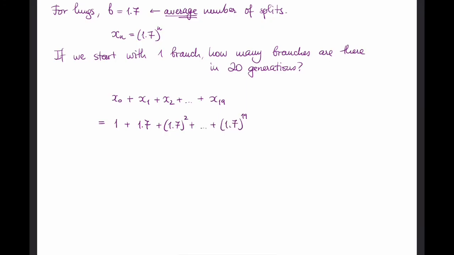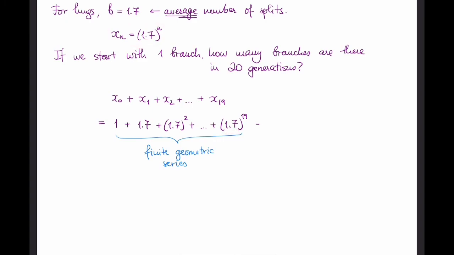And this we can easily recognize as a finite geometric series. Now, the great thing about that, of course, is that we already have the formula for how to compute the total of this summation. We notice here that the r value, your 1.7, in our case we also called it b, because it's finite, doesn't have to be below 1.